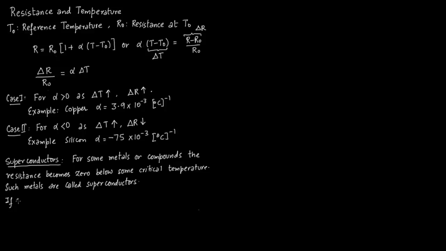An interesting fact about this is that if you set up a current in a loop of wire which does not have any resistance, then the current will remain in the wire without any potential difference, and will remain there forever.